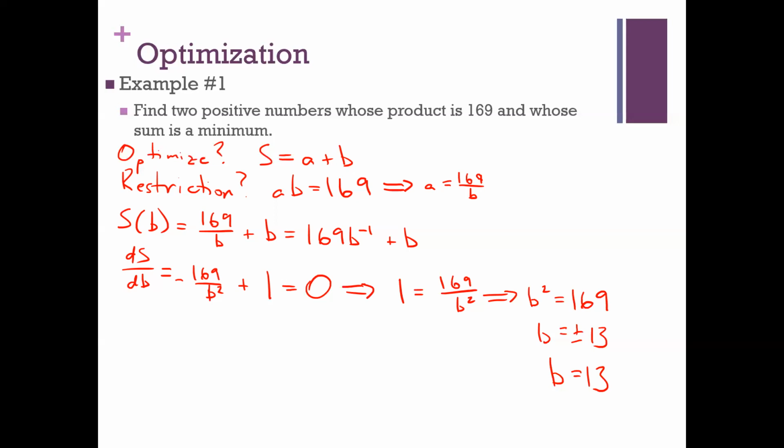So how do I find two positive numbers? I found B. How do I find A? I'll do you one better. In the process here, I came up with a formula that relates A to B. So I think I have found that A equals 13 and B equals 13.